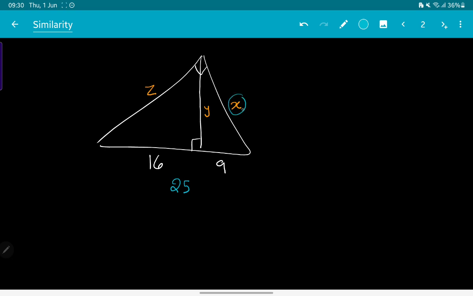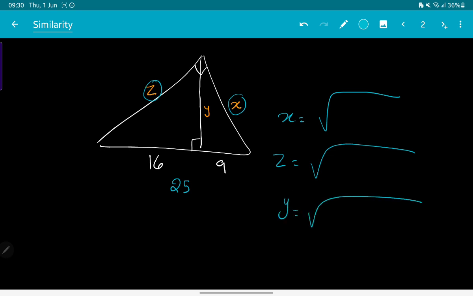So now to find x, we take the root. To find x, take the nearest part of the base, which is 9, multiplied by the whole base, which is 25.